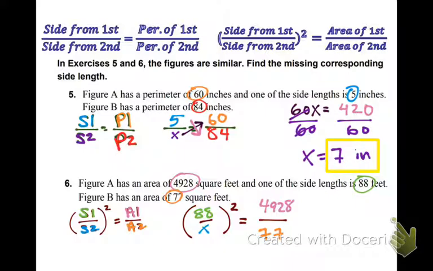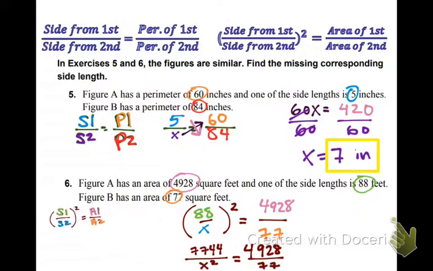So again, whenever you're squaring a fraction, you square the top and you square the bottom. So 88 squared, what is that number? 7,744, good. And then what is x squared? X squared. Trick question. And it equals 4,928 over 77. All right, so we're going to cross multiply.